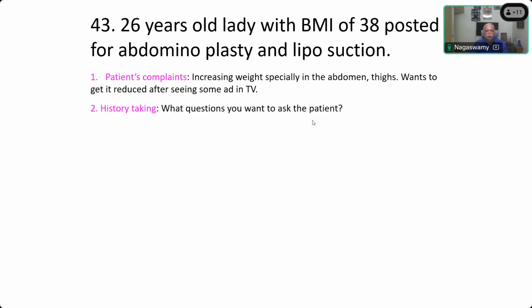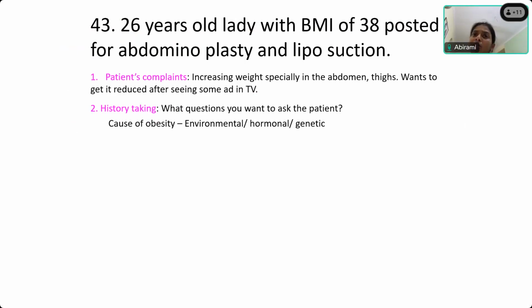History taking, what questions do you want to ask the patient? Cause of obesity, whether it is environmental, hormonal, or genetic. If obesity runs in the family, they have a tendency to become obese. What are all the genes which are responsible for making a patient obese? Melanocortin is one.